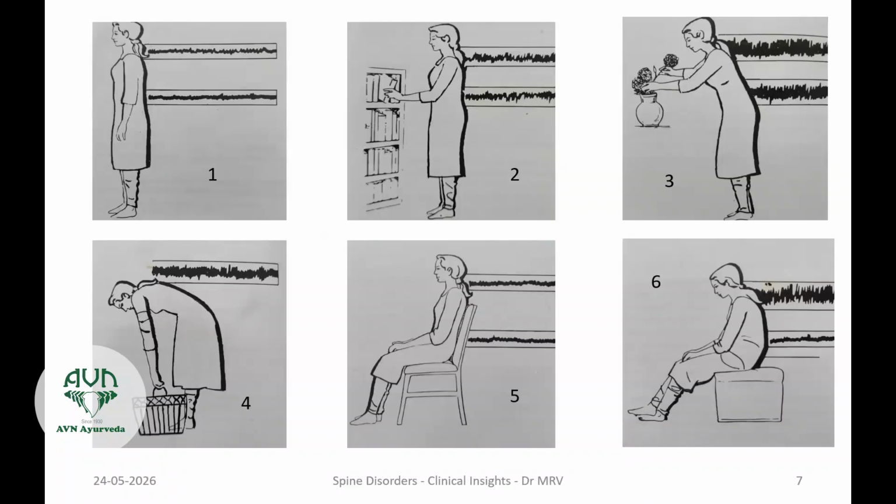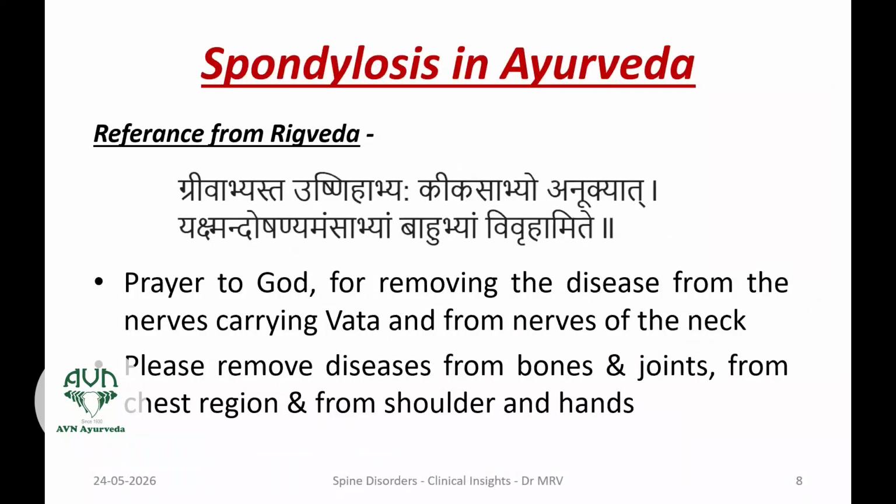See, this is a prayer. Virivabhyasta ushligabhya vigasabhyo anukyan yashmam doshanda mamsabhya bahupyam vivrahamite. This is a prayer offered by rishis to the god for removing diseases from various parts of the body.